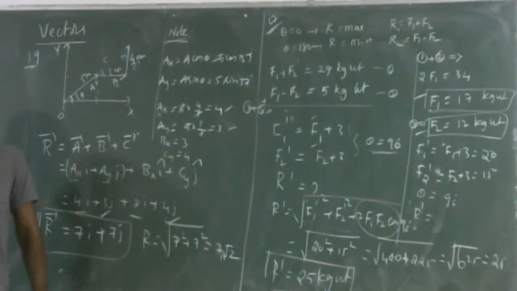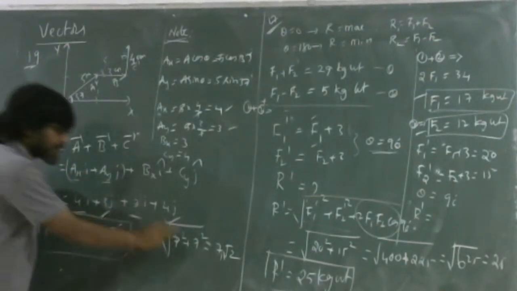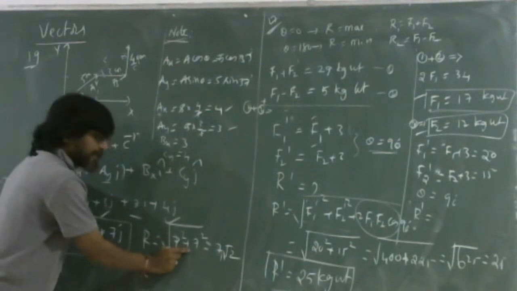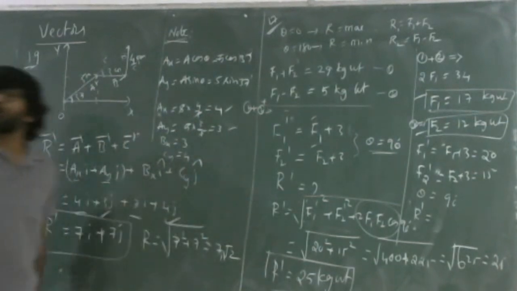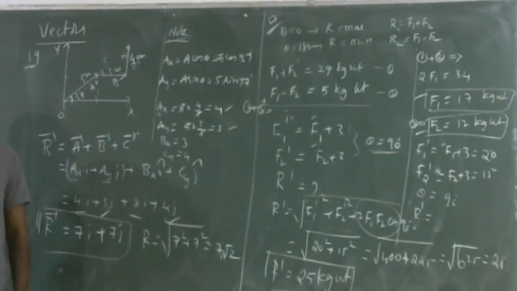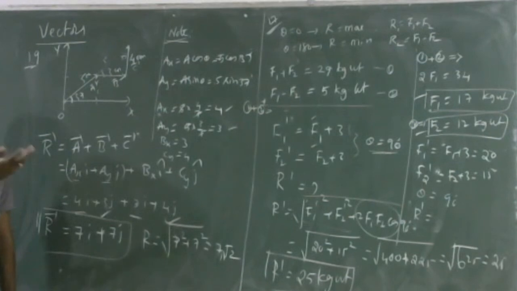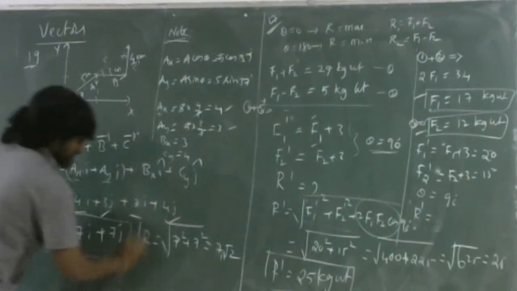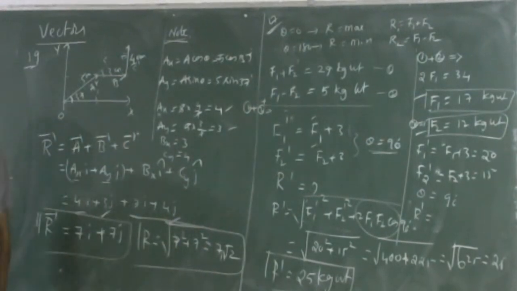Root and square will cancel out. So 7 comes out, and you get root 2 only here. 7 root 2. Or you can also write 49 plus 49, 2 into 49. The root of 49 is 7, you take it out. So 7 root 2. This is how you have to do it. So this resultant magnitude is 7 root 2.